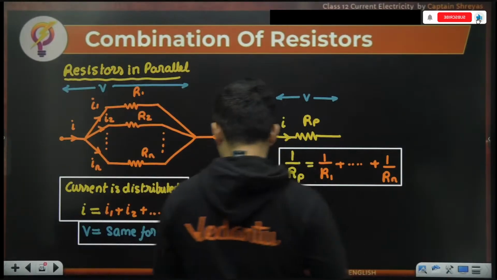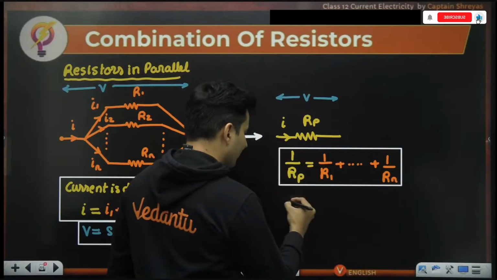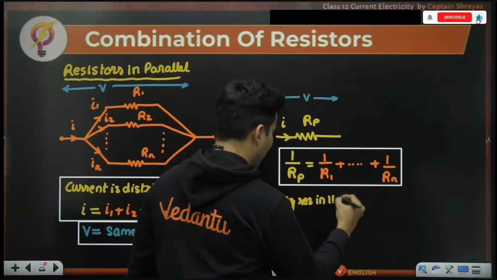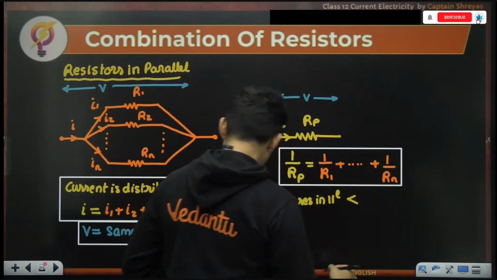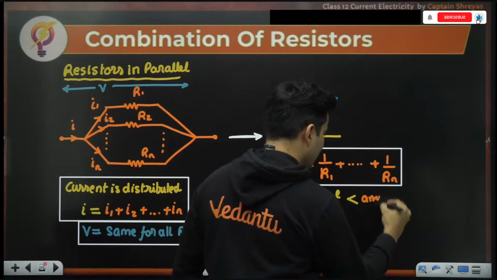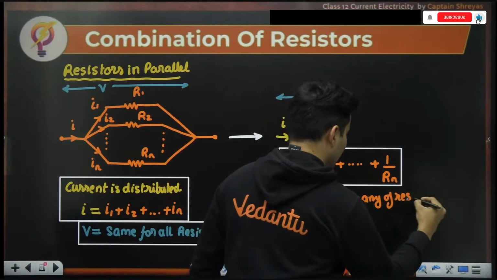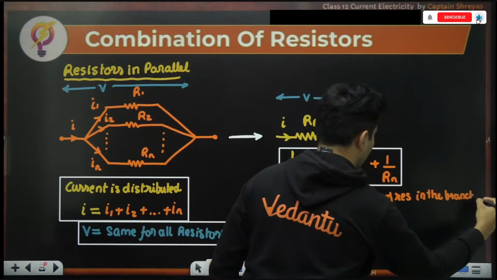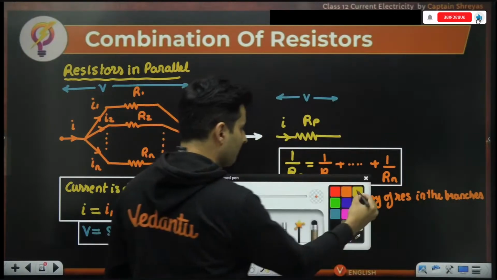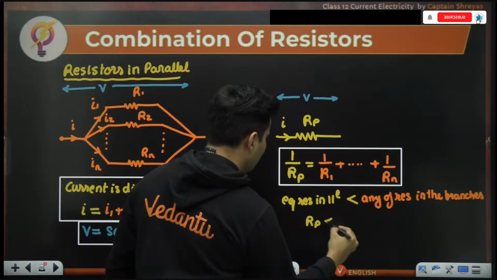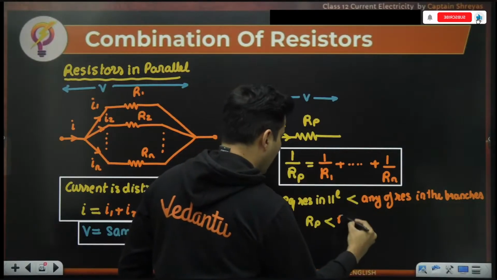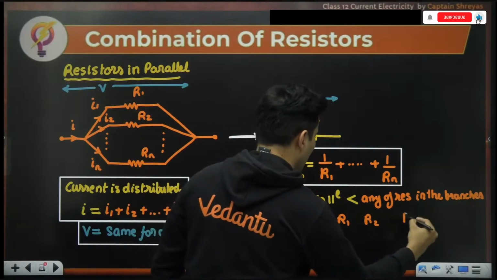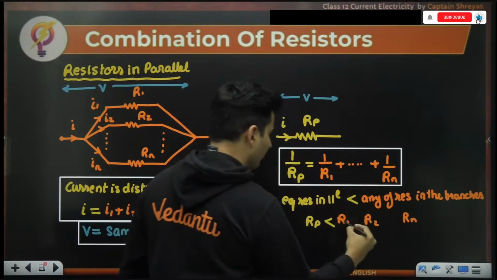One important thing is the equivalent resistance in parallel is always less than any of the resistors in any of the branches, meaning that this particular Rp is less than either R1 or R2 or R3 or Rn, any of them.